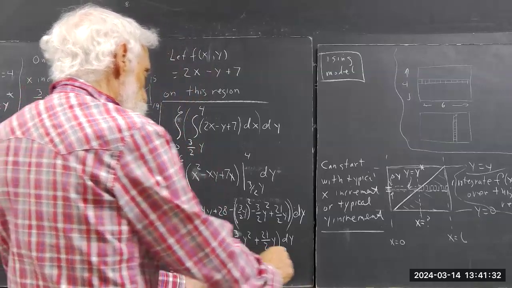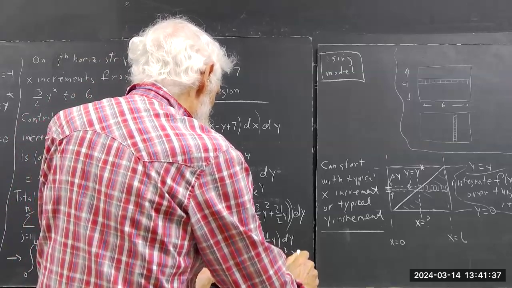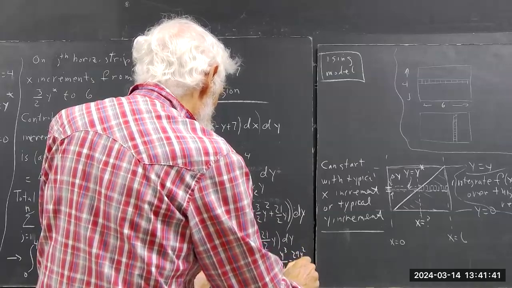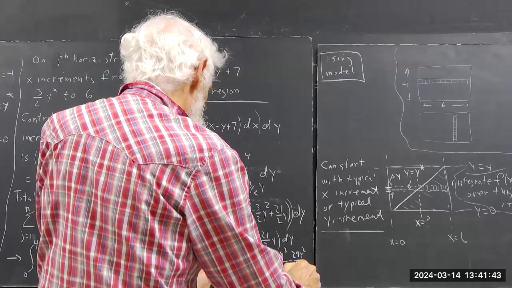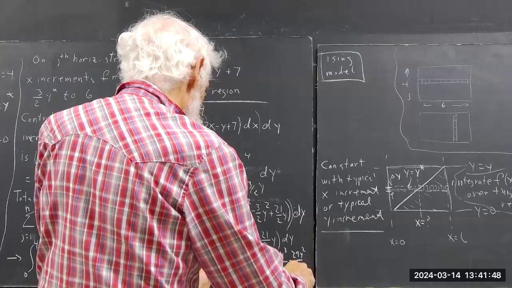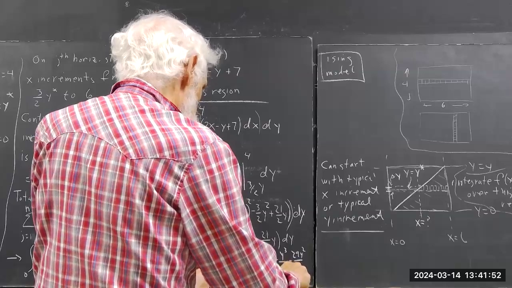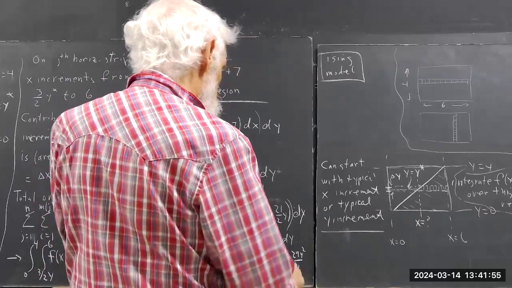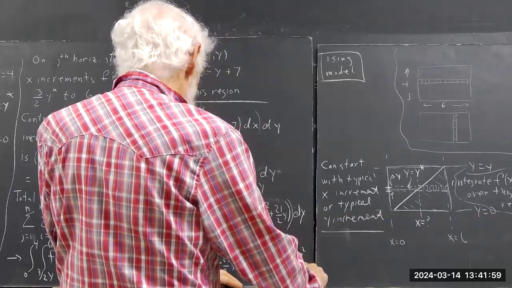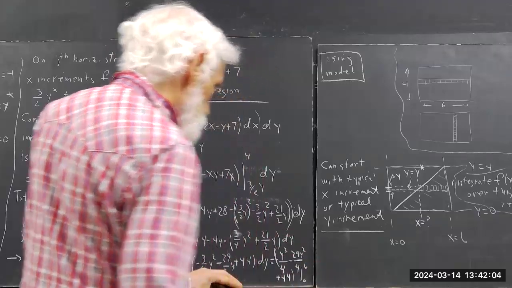And I'm going to get negative 29 y squared over 4 plus 44, evaluated between 0 and 6.